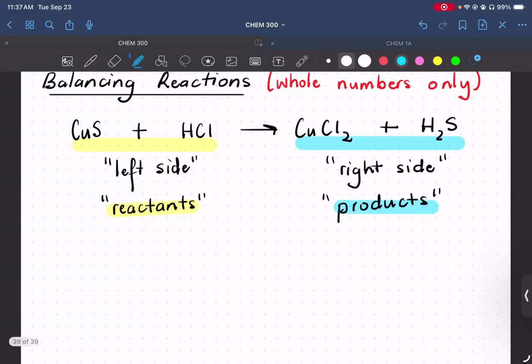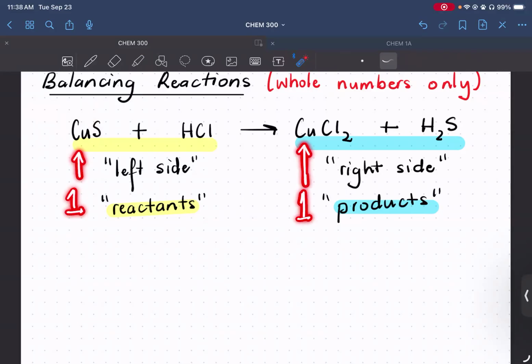Let's try to understand how to identify if a reaction is not balanced, and of course, how to balance it. So the process is simple. We will normally work from left to right. We're going to start with copper. We can see that there is only 1 copper on the left. We see that there is 1 copper on the right. We can make an effort to write that down.